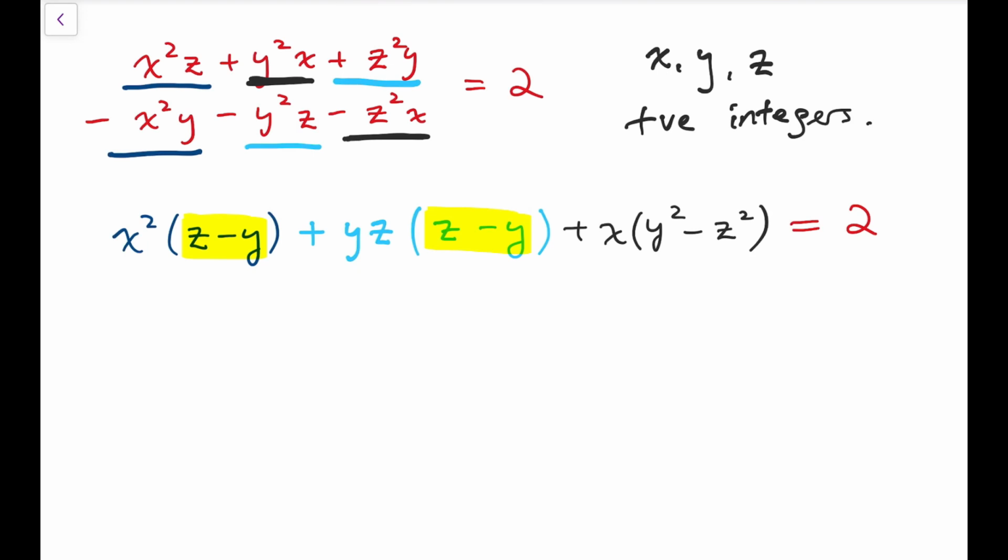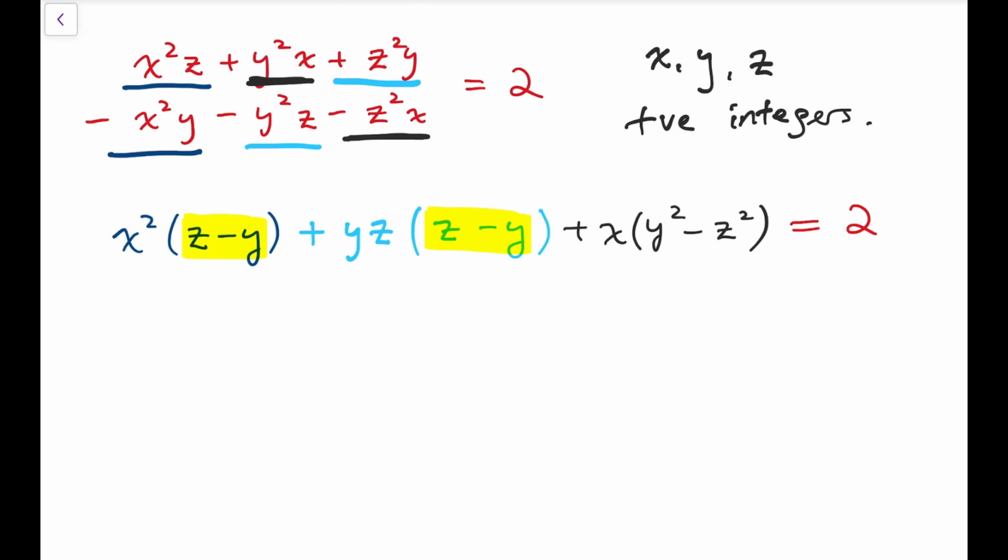That means if I manage to write the left-hand side as a product of two expressions, and they have to be equal to 2, this would reduce the equation to something really much easier, and they are just equal to some factor of 2. So let's proceed and see what we are going to get.